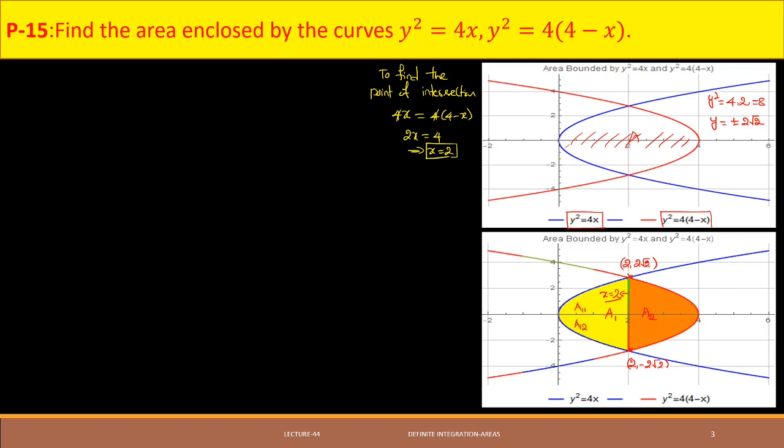Further, the yellow color region is divided into two parts, namely A11 and A12, and the orange color region is divided into A21 and A22. Why is this entire A1 divided into two parts?